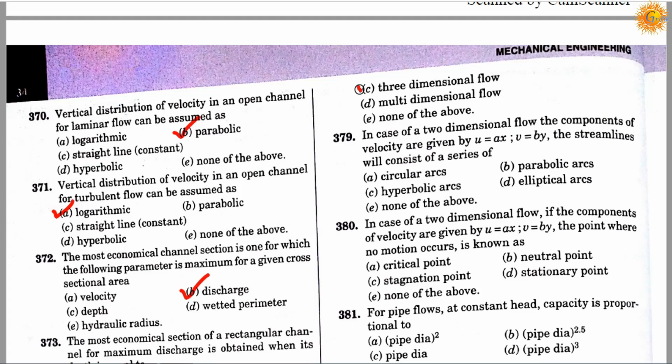So correct answer is C. It will be three-dimensional flow.